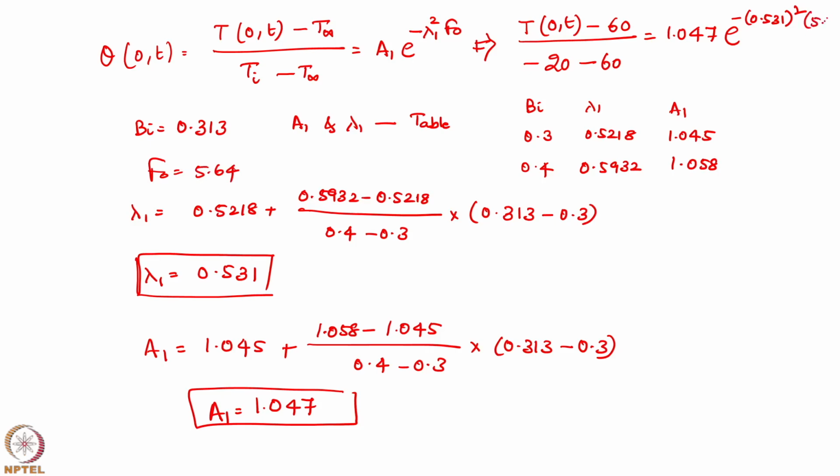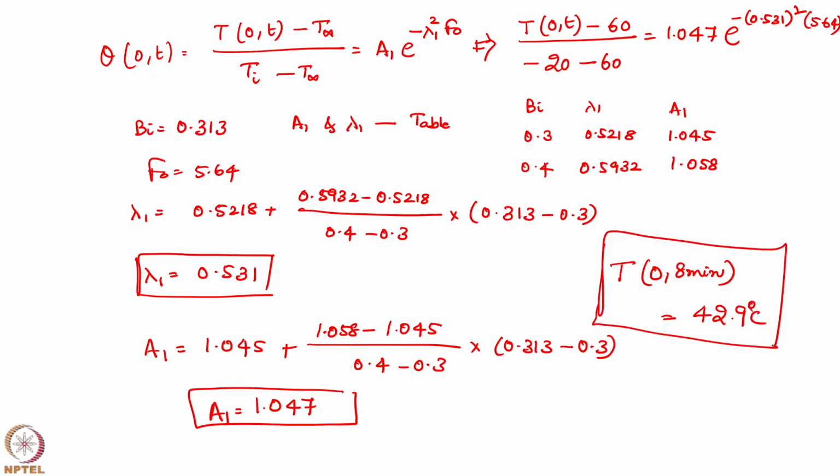If you just press the calculator, you get T at 0 comma 8 minutes equal to 42.9 degrees Celsius. So it got heated from minus 20 degrees Celsius to 42.9 degrees Celsius in 8 minutes.